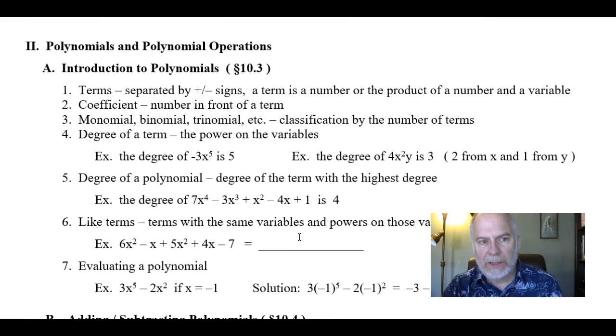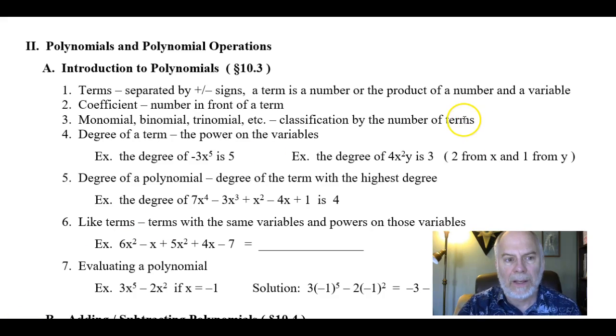Now, so we talked about exponents and exponent laws and negative exponents and all that. Now we're going to look at polynomials and polynomial operations. Okay, so polynomials have terms, and terms are always separated by plus or minus signs. That's how you can tell how many terms there are.